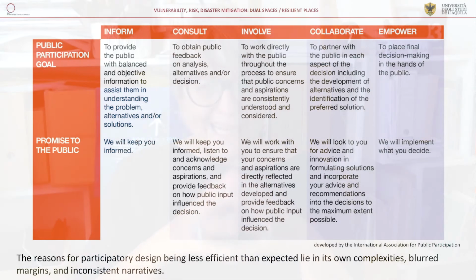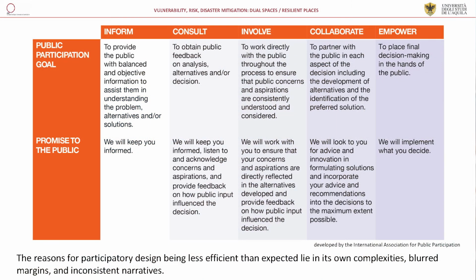The promise to the public would be: we will work with you, because we want to be sure that your expectations, needs and aspirations are reflected in our decision, and we will let you know how deeply you influenced it. This is quite a good step, and I would say almost the best example of participatory design could be included in this step.